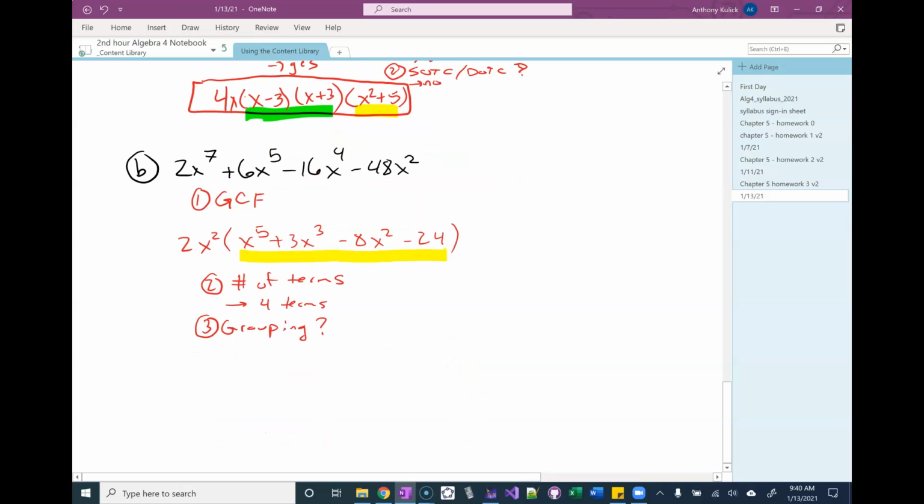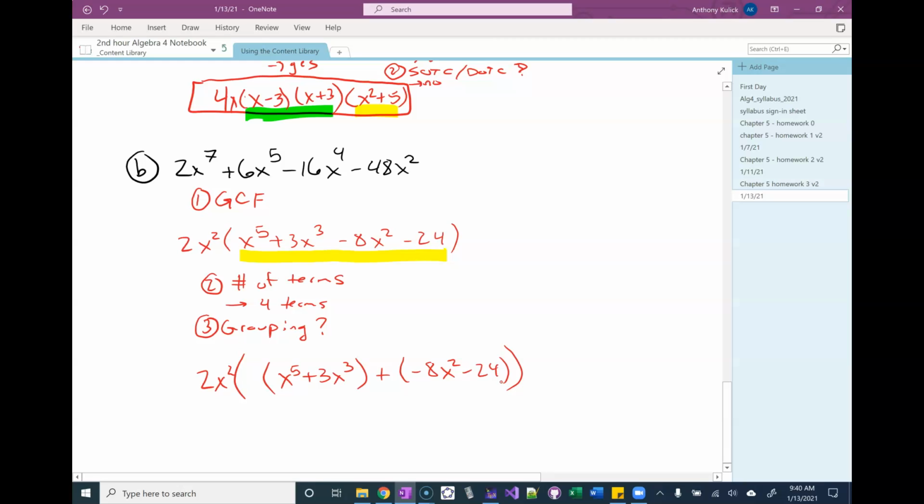Okay, so we decided we had 4 terms. So on the 4-term branch, we have to check to see if it's factorable by grouping. The way we do that is we group the first 2 terms together, and then we put a plus sign, and then we group the second 2 terms together, and then we look for greatest common factors.